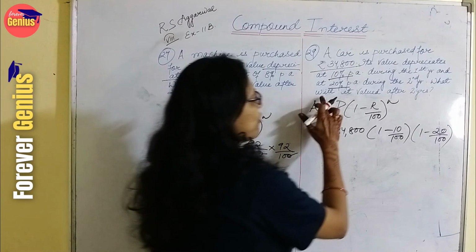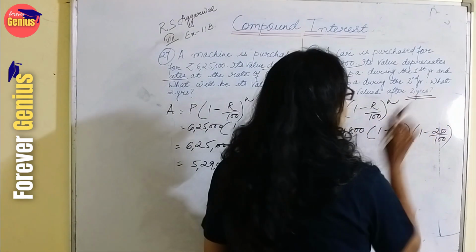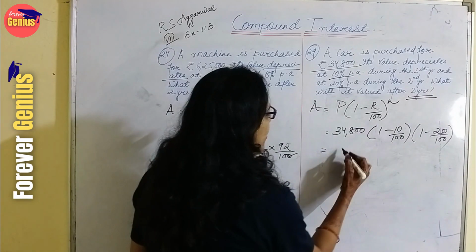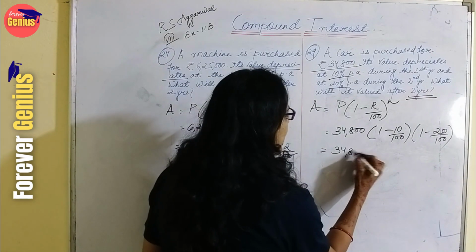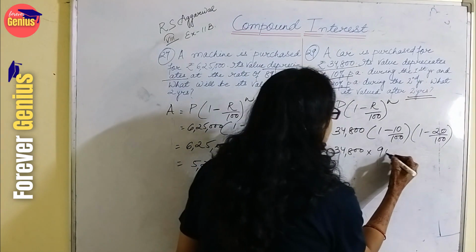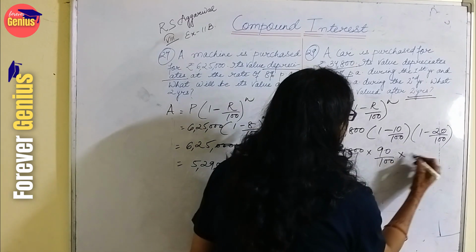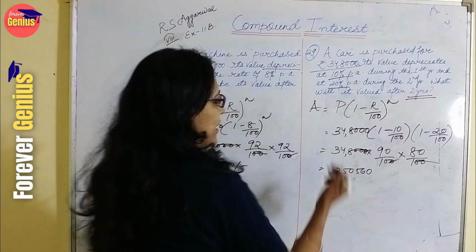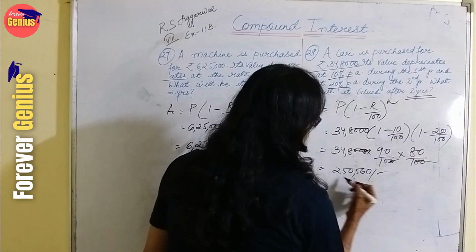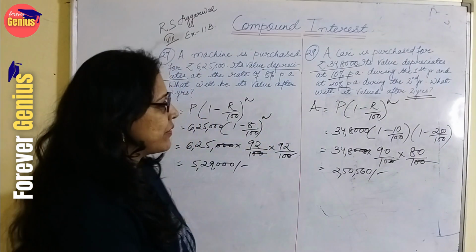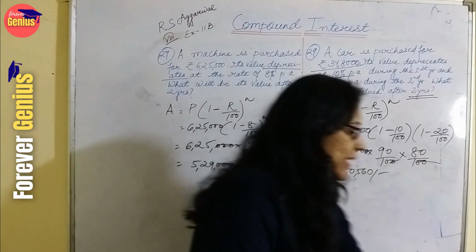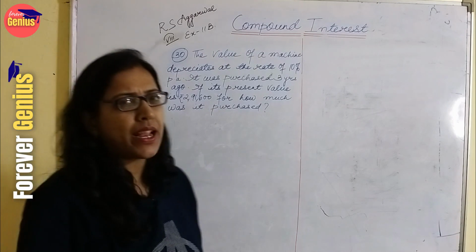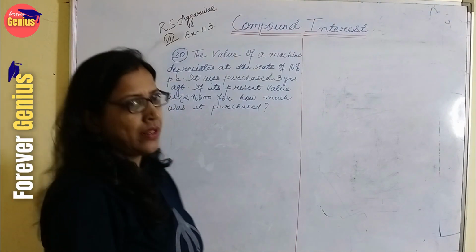So we just have to calculate the value only for 2 years. The further values have not been given. So after doing the calculations, we got 90 by 100 and here we got 80 by 100. After doing the calculations, we got the answer as 2,50,560.